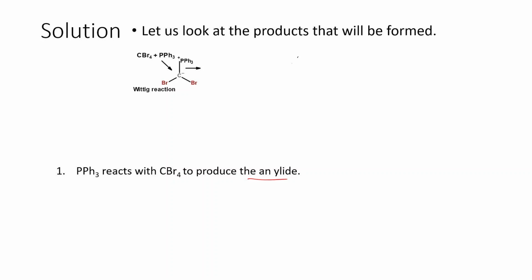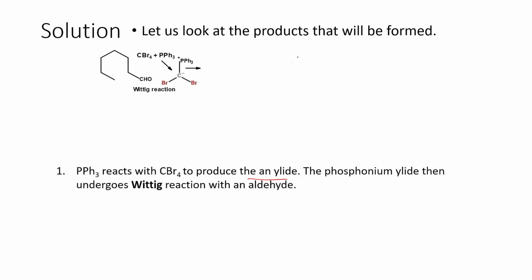The excess triphenyl phosphine is getting converted to phosphine oxide, and one equivalent of triphenyl phosphine reacts with the CBr4 to give the phosphonium halide compound as shown here, and this phosphonium halide reacts with the given aldehyde, and this reaction is the well-known Wittig reaction. So the reaction of phosphonium halide with aldehyde is called the Wittig reaction, which gives the corresponding alkene derivative. In this particular case, we are ending up with a 1,1-dibromoalkene as the product of the first step, that is the intermediate A.